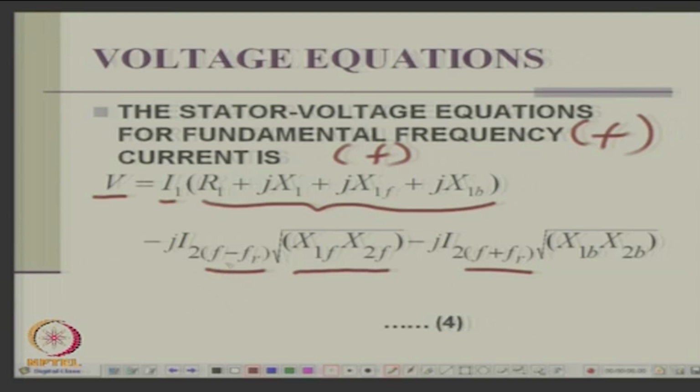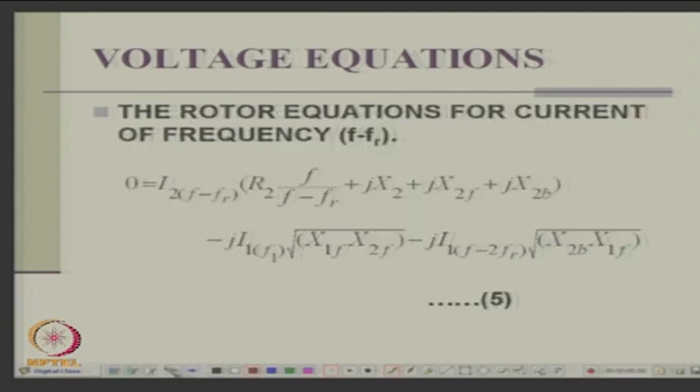So this current I2 at F minus Fr in the rotor will induce a voltage of frequency F in the stator given by this. Now, F plus Fr will also induce a voltage of frequency F in the stator. So these are all the induced voltages due to the rotor. I hope this equation is clear, a simple equation, right.